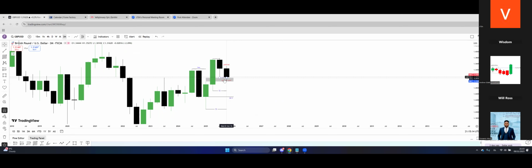From this current price action, where price is currently at right now, we have two choices in this market. Choice one is that maybe the market is going for the liquidity below. And choice two is that maybe the market is going for this high.